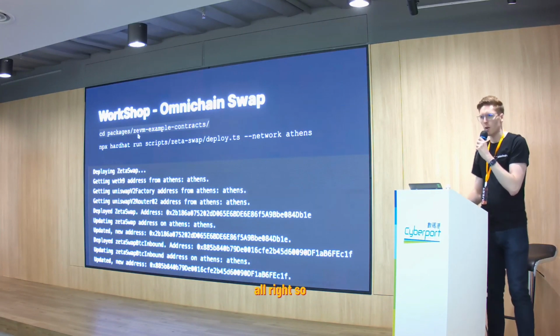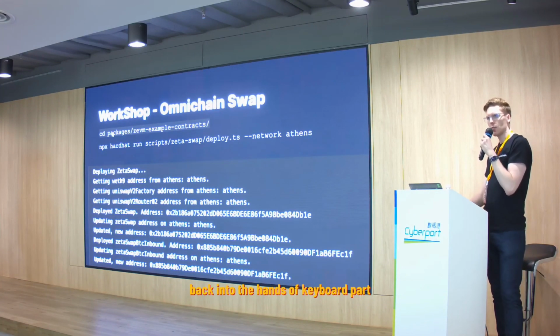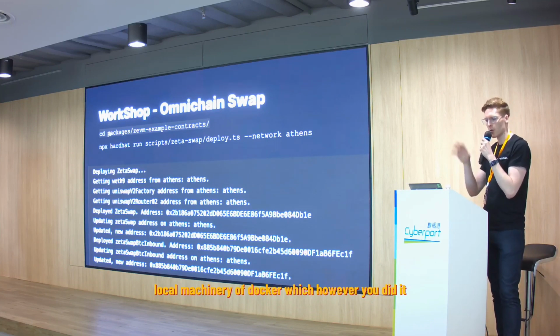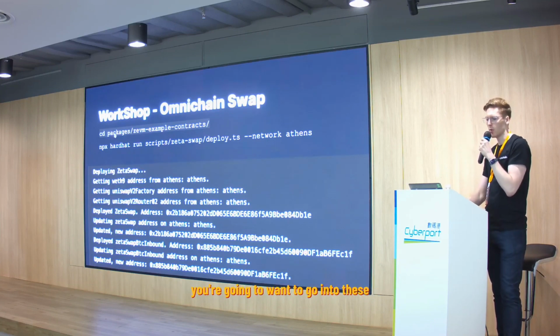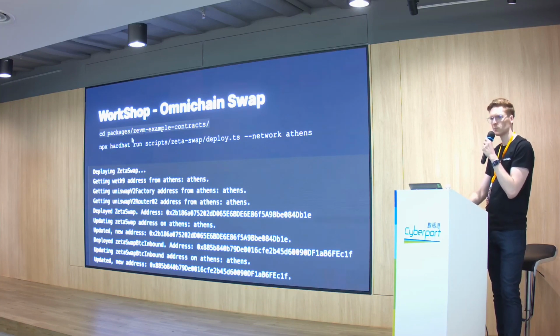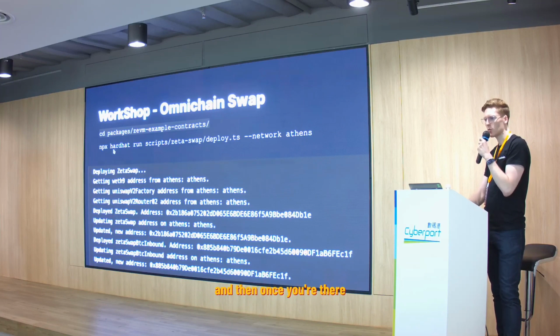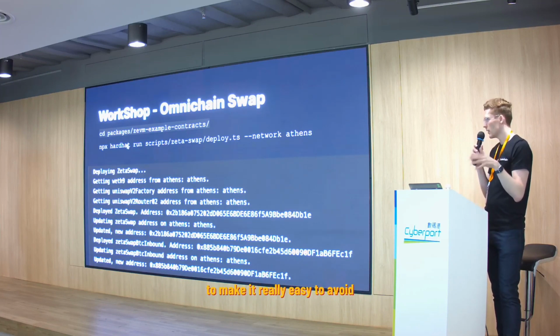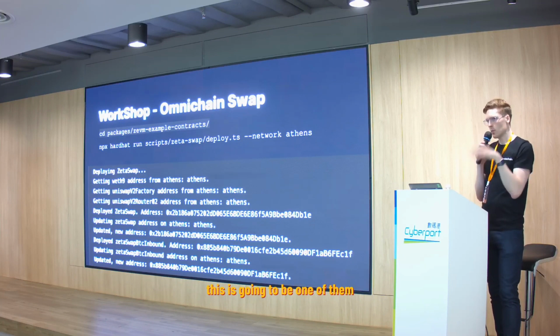All right. Back into the hands-on keyboard part. On your local machine or the Docker image, however you did it, you're going to want to go into the ZEVM-examples contract folder. Once you're there, we have a lot of scripts in this repo to make it really easy to deploy. This is going to be one of them. You can look into it more later if you want.